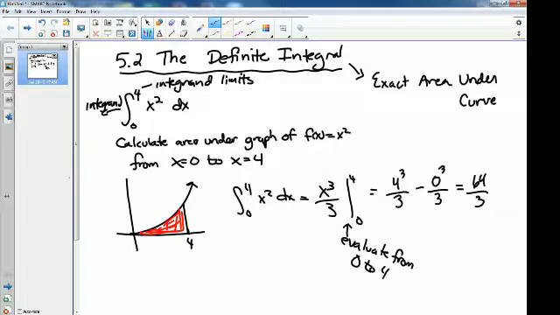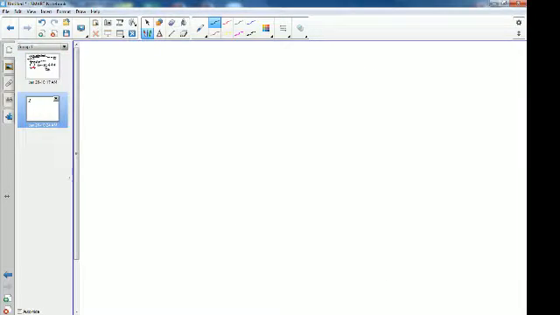So let's say, calculate the integral from pi over 4 to pi over 2 of sine theta.